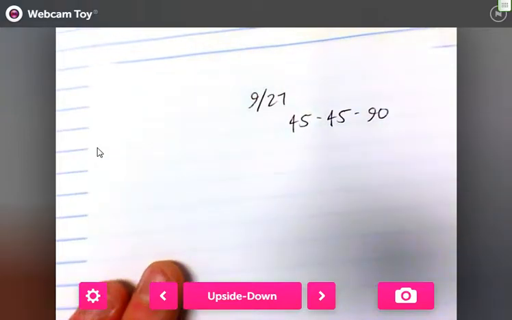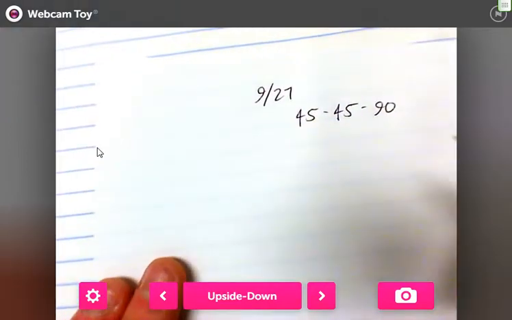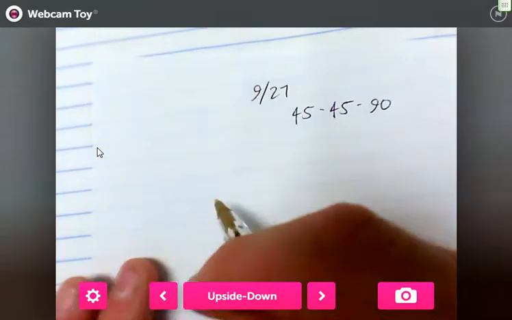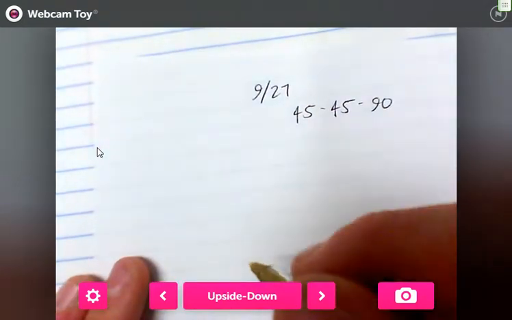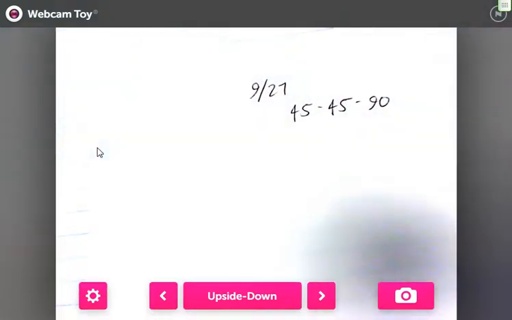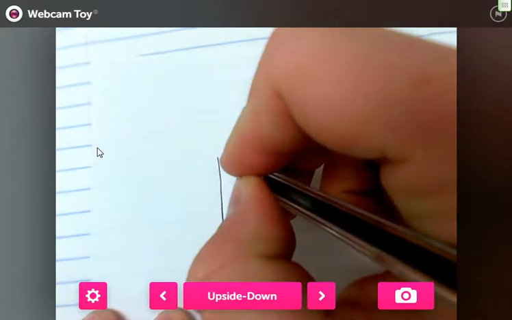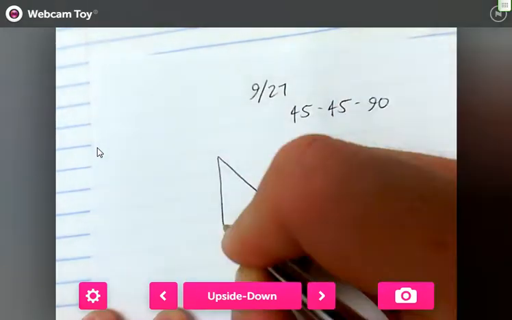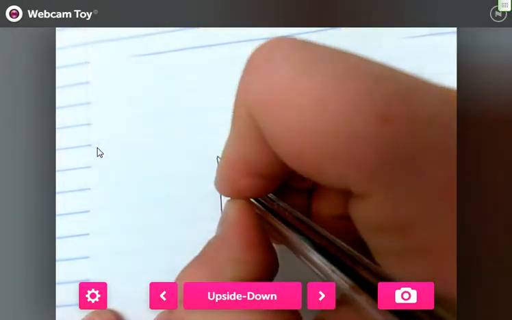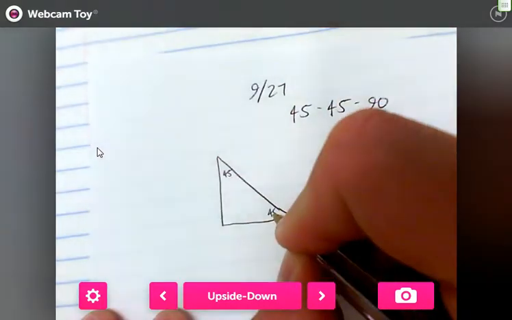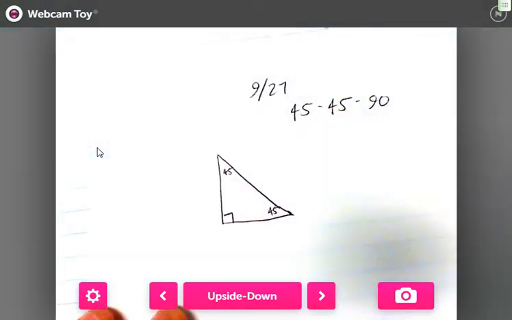Okay? So, a 45, 45, 90 triangle, what kind of triangle would that be? Scalene, equilateral? Right, so it would be isosceles, because you have 45 over here, 45 over here, and a right angle there.